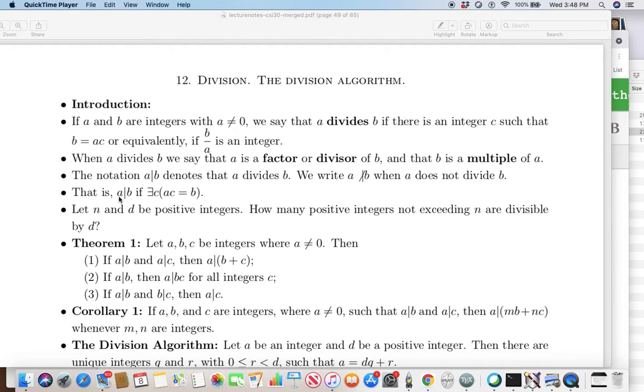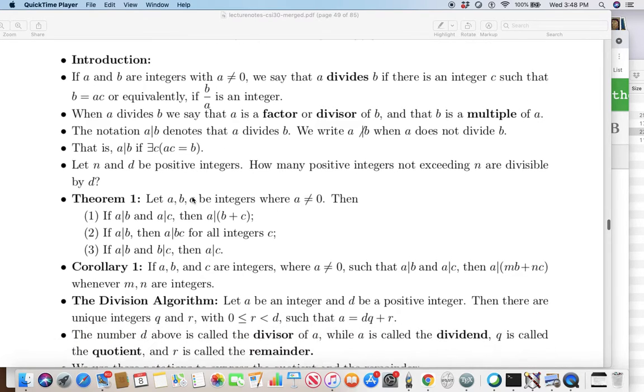That is, a divides b if there exists c such that a times c is b. You understand? All of this means a is a factor of b. A is a divisor of b. There exists an integer c such that a times c is b. They all mean the same thing.